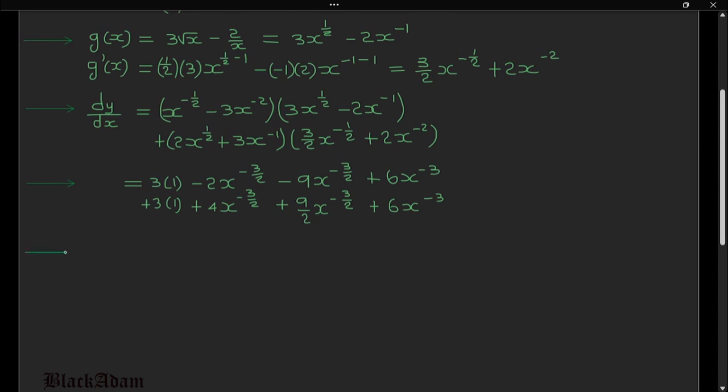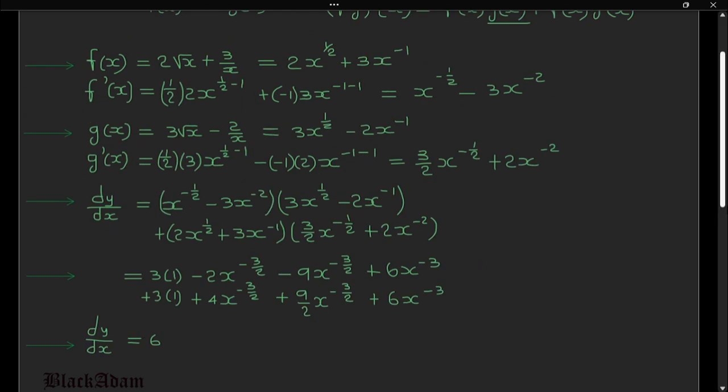So what we have to do, we have to add the like terms. So dy dx is going to be 3 plus 3 is 6, that plus that plus that. So we need a calculator for simplicity.